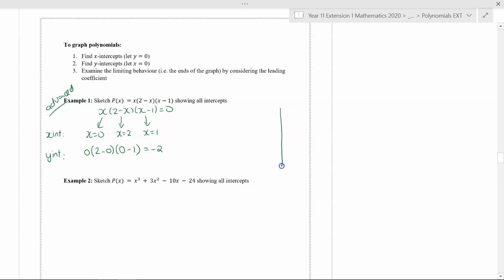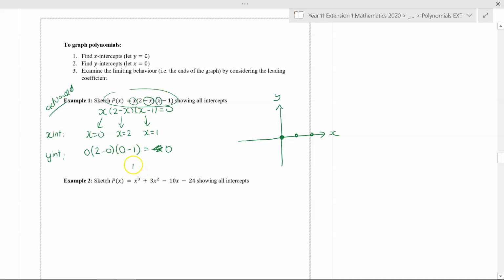So over here, we grab our ruler, we draw an axis, label it, marking our x-intercepts 0, 1, and 2. Our y-intercept, well, that was silly, that's 0. Our y-intercept is also 0. So now we really need to think about our end behaviour. If I expanded this polynomial, my leading coefficient would be x times negative x times x.